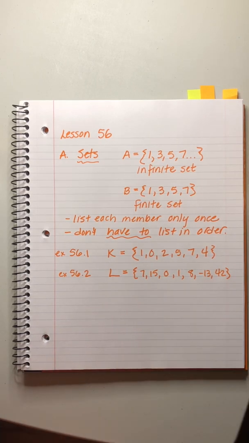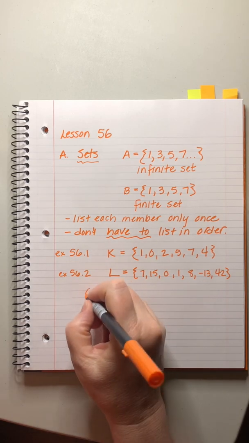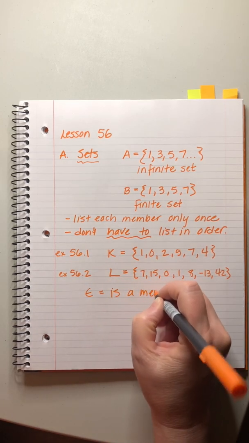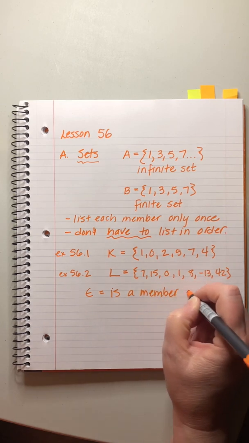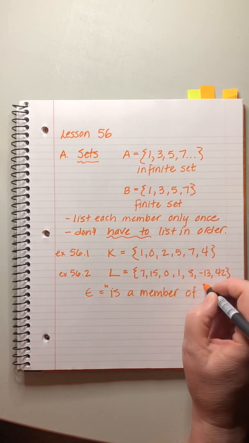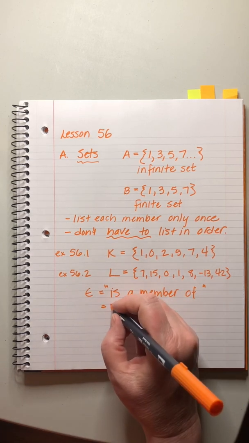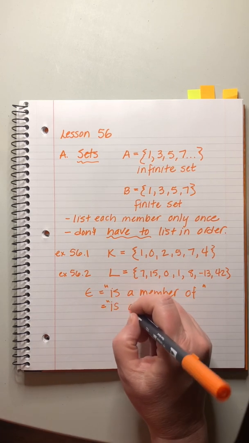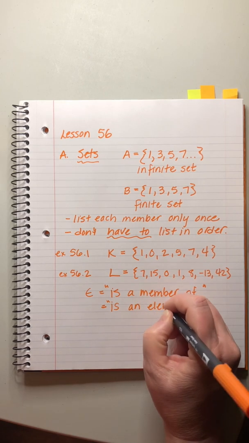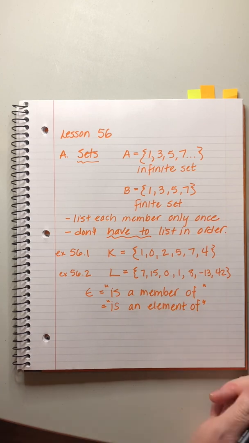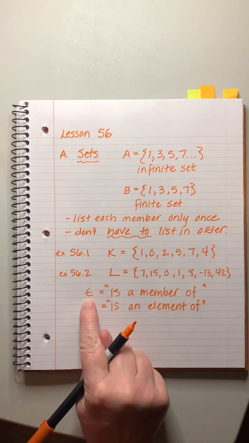Random is fine. Then there's one more symbol that we want to introduce. It's this symbol, and that means is a member of, or the way I learned it back in second grade was that it's the same as saying is an element of. Element and member mean pretty much the same thing, and this looks like a little e.